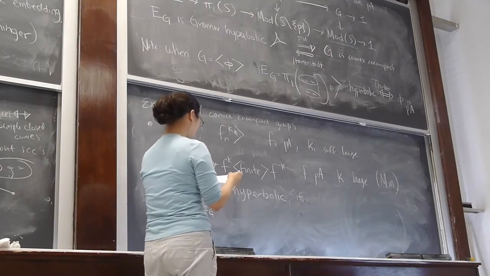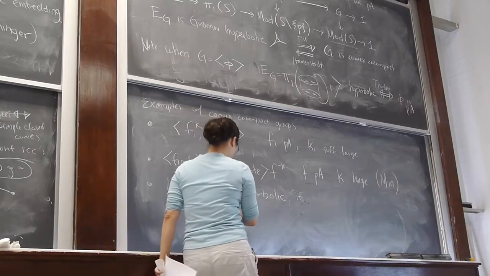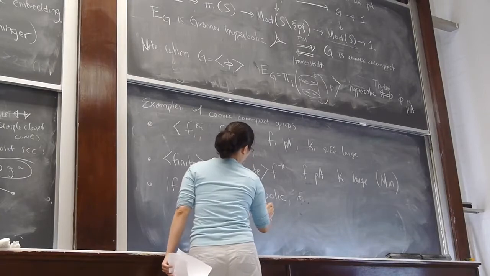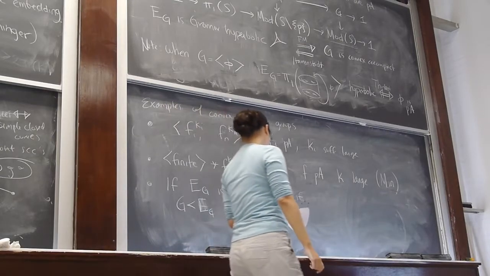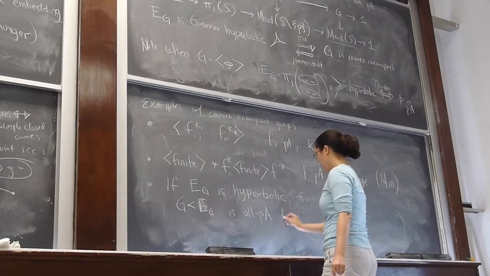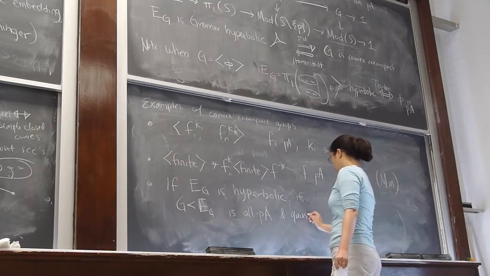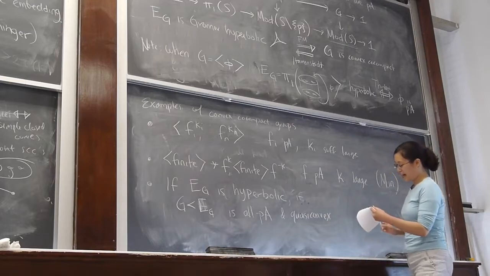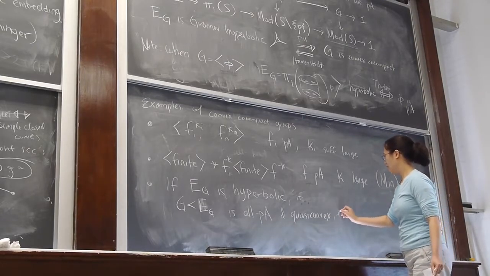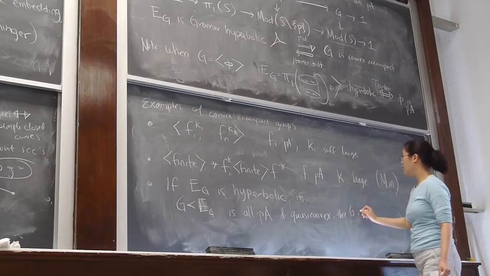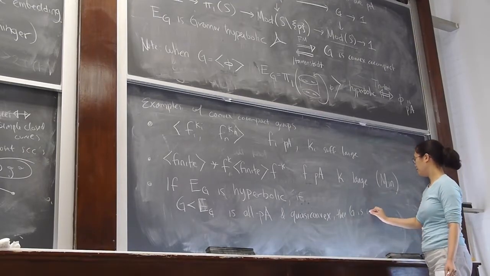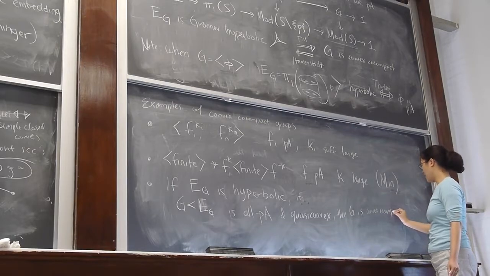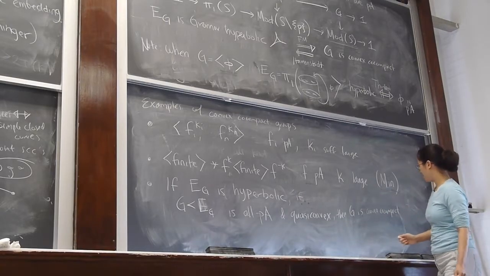You look at subgroups of that, and then you require that it be all pseudo-Anosov, and you also require that it be a quasi-convex subgroup. And in that case, you get that G is convex cocompact. This result is due to.